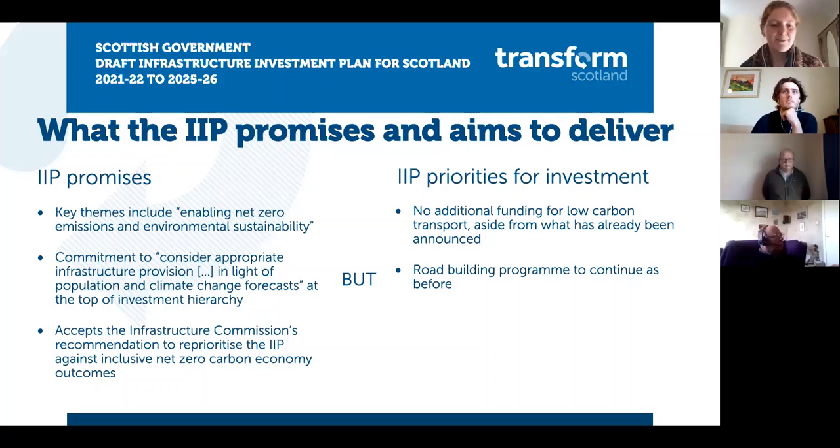And it also accepts the Infrastructure Commission's recommendation to reprioritize the IIP against inclusive net zero carbon economy outcomes. But if you then start looking at the last three chapters in the IIP, which have the individual projects, you'll see that there's no additional funding for low carbon transport projects, aside from what has already been announced, and that the road building program is set to continue as before.